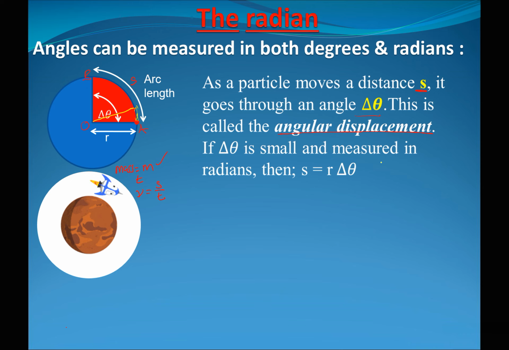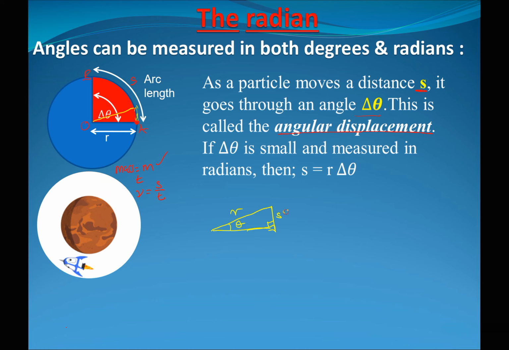For those who are doing maths, it is easier for me to show that, even though it is not part of physics, but I will still show it. If the angle is very small, then we shall have an approximately right angled triangle, where this will be s, and this will be approximately 90 degrees. One of these is going to be the radius, and this is going to be theta.